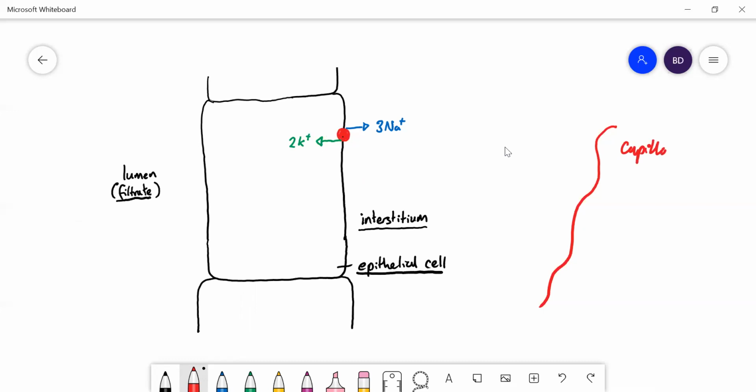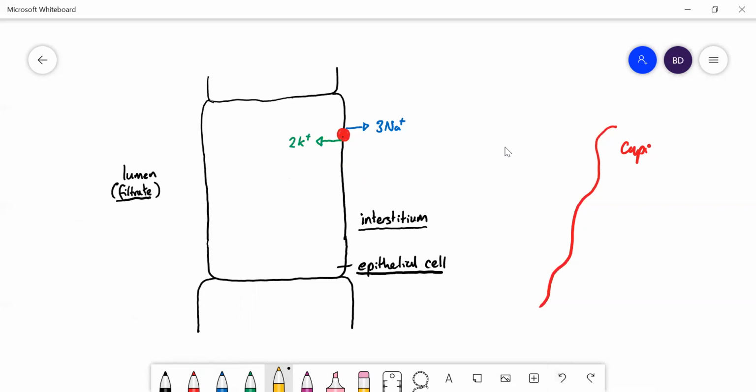The idea is we've got to get all of the sodium, the water, the glucose and so forth out of the filtrate, across the epithelial cells and into the capillary. That's what's got to happen here. So let's see how this is done.